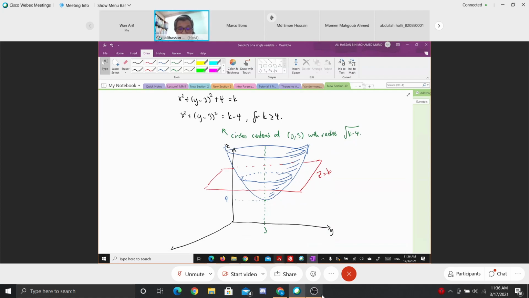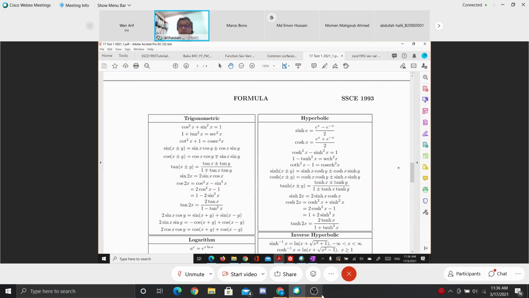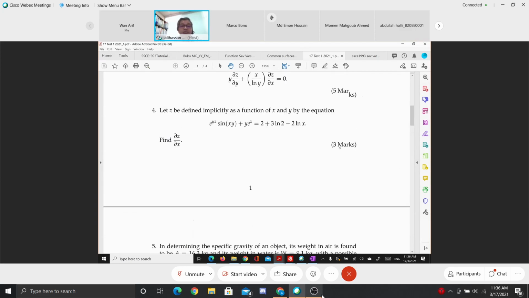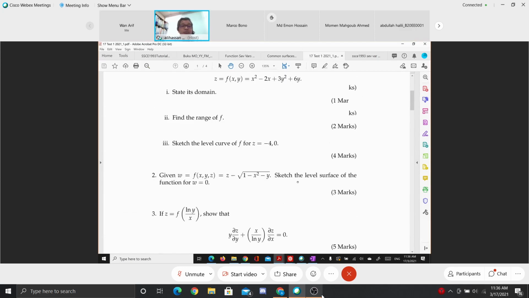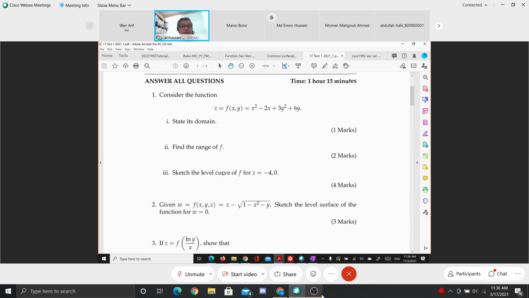Let's look at one example here. This is a sample test 1 question from a previous semester. Sketch the level curve for z equal to -4 and 0 only.